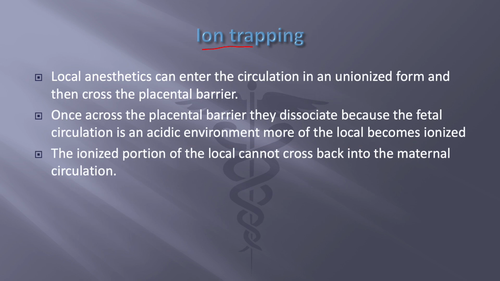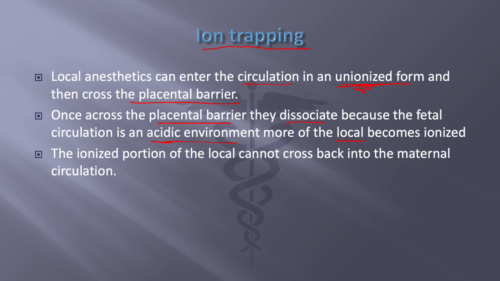But this is also what leads to what we call ion trapping. So when we give local anesthetics to a mother, they can enter the circulation in an unionized form, which remember is very lipid soluble. It crosses the placental barrier pretty easily, but then once it crosses the placental barrier, we know that fetuses have a much different pH. It's usually a little more acidic than the mom's pH. Okay, that local dissociates again.